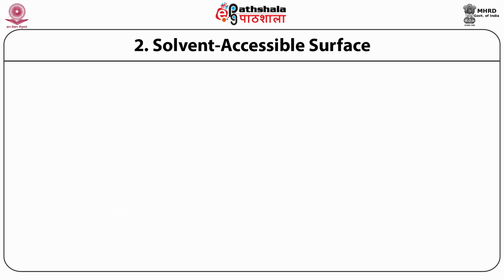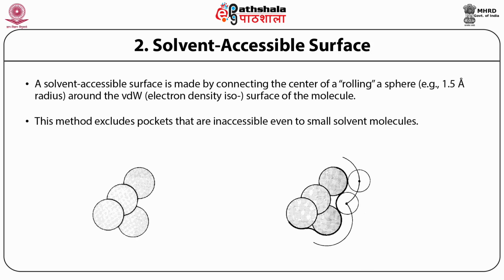Solvent accessible surface. That's the concept which I have discussed earlier, by Kirkwood. So, can we do that calculation? Rolling a sphere of approximately 1.5 angstrom radius, which is the radius of water, the most important biological solvent in our systems, around the surface of the molecules, as shown in the right-hand side pictures, one can actually get the accessible surface area.